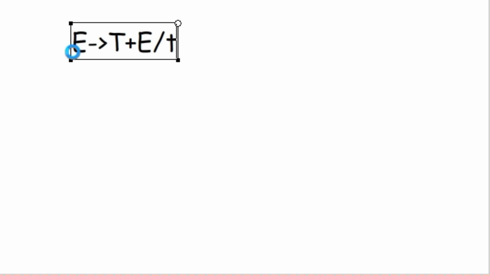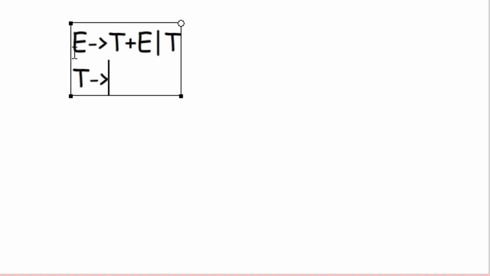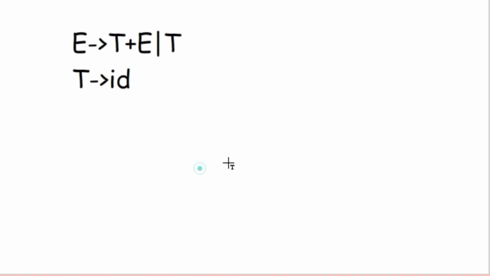Now let us consider an example where we have a given grammar E tends to T plus E or T, and then we have T tends to ID. Now suppose we want to parse ID plus ID. This is a bottom-up parser, so we will not start from the grammar.